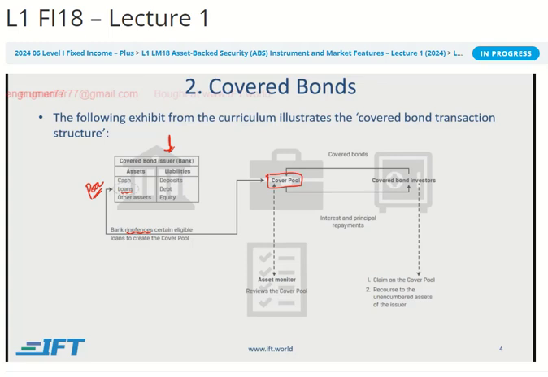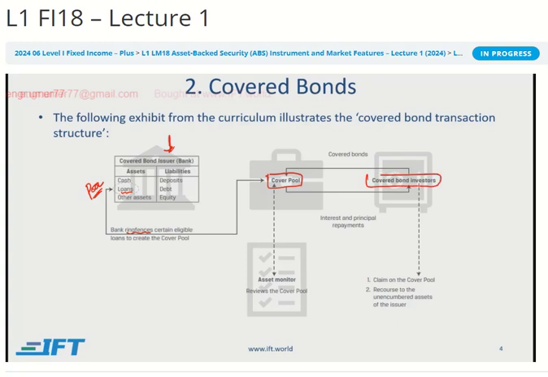In the previous learning module, you saw that we were transferring the ownership of that pool to the SPV. Here, that is not happening. The pool stays on the balance sheet of the bank, but it is ring fenced, separately identified, and that cover pool is used to issue the covered bonds, right?